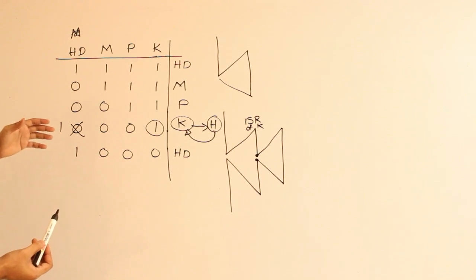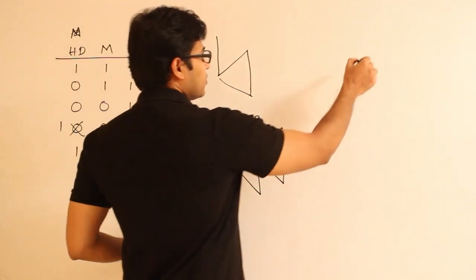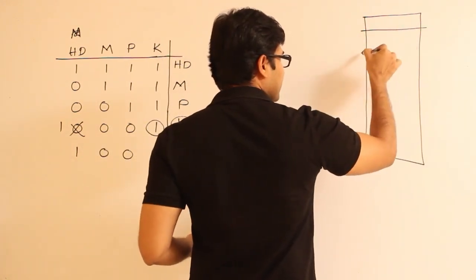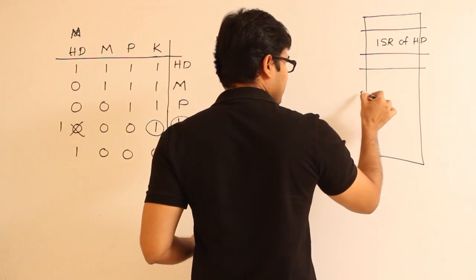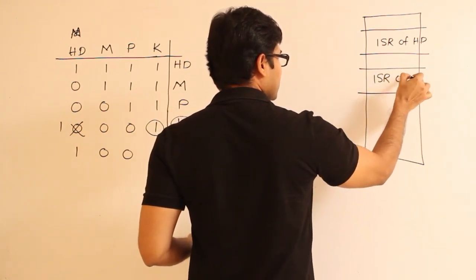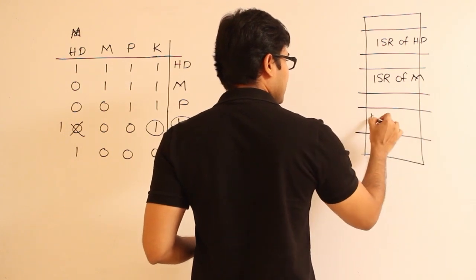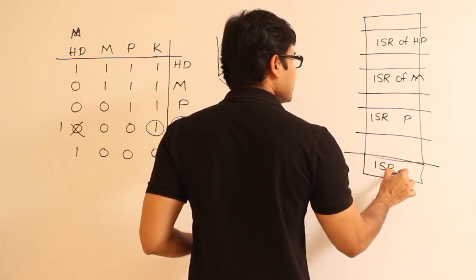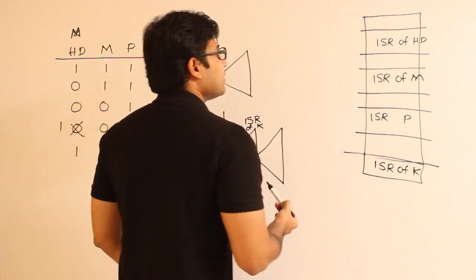One more thing. In most scenarios, every device will have its own service routine, which means in memory, at some address there will be the interrupt service routine of the hard disk, similarly at some point the interrupt service routine of the mouse, somewhere the interrupt service routine of the printer, and at some point the interrupt service routine of the keyboard.